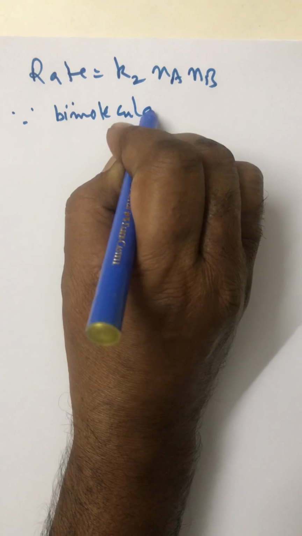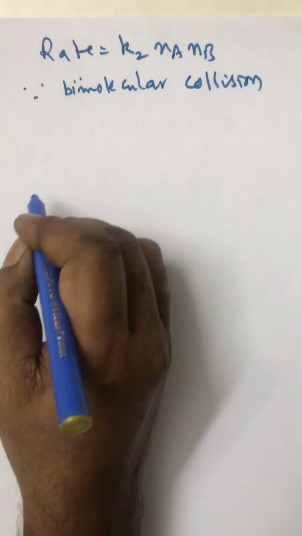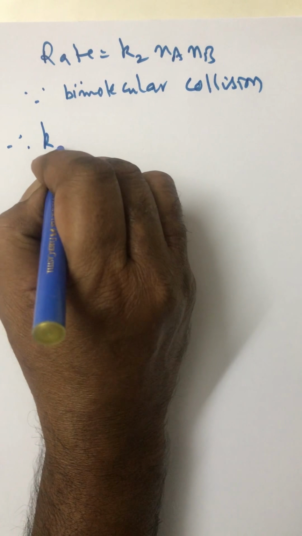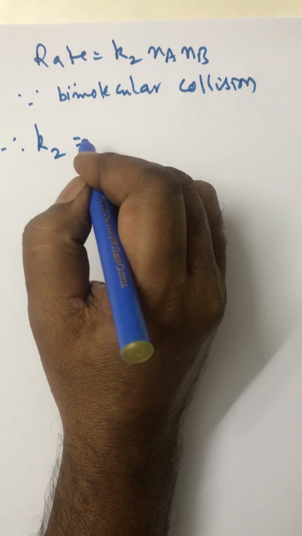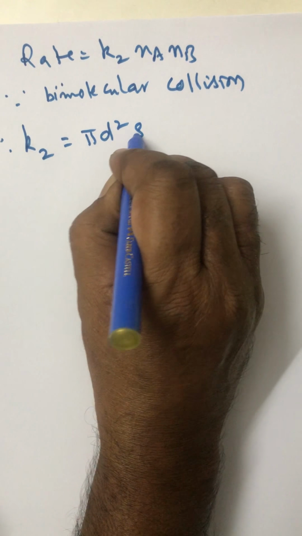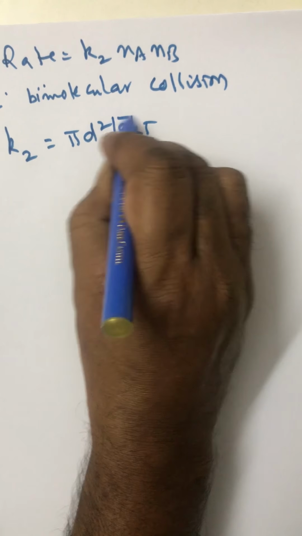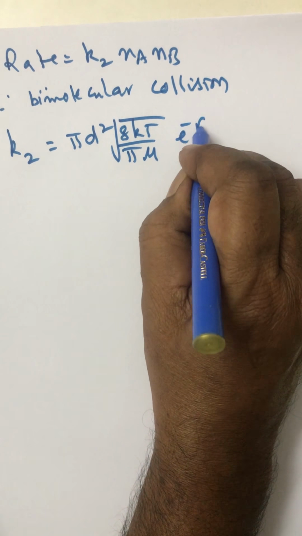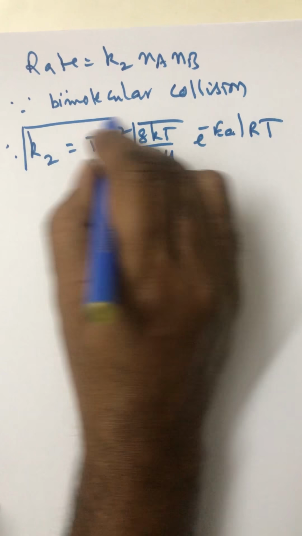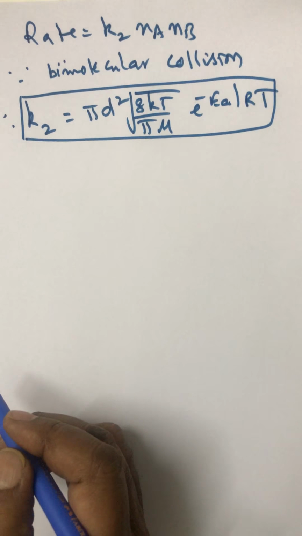Therefore, k2 can be expressed as pi d square root of 8kT by pi mu, exp of minus EA by RT. This is the rate constant equation. Theoretically, we can estimate it.